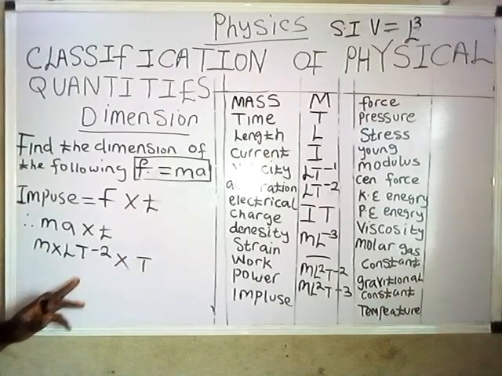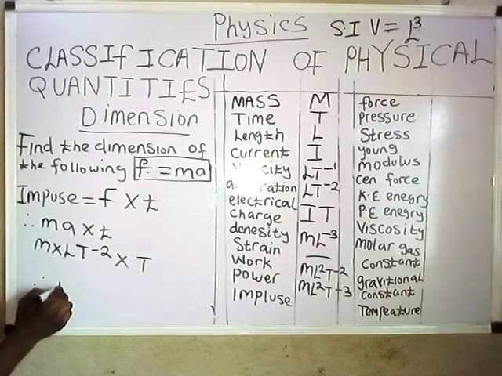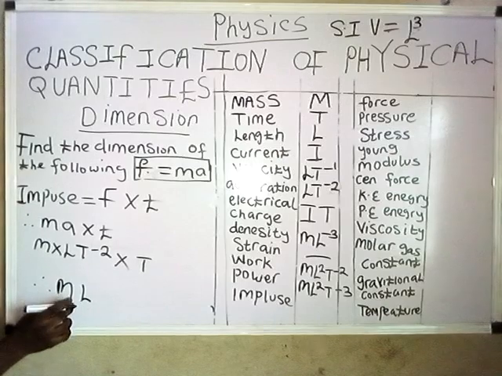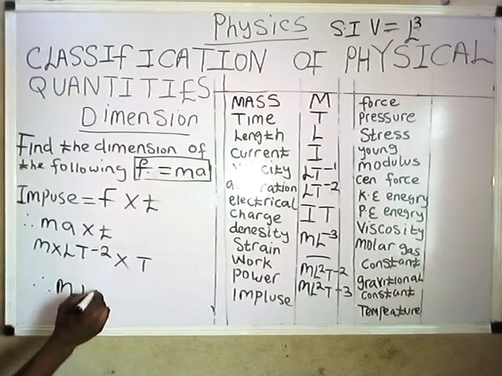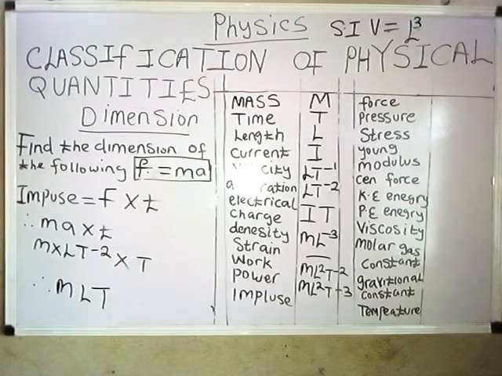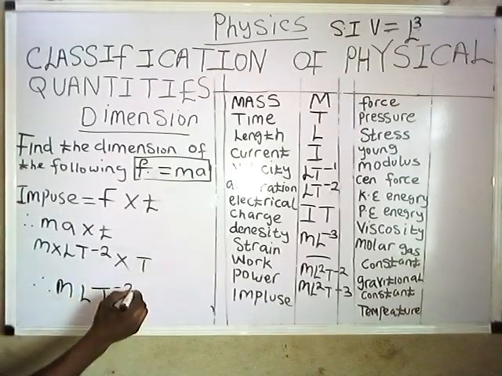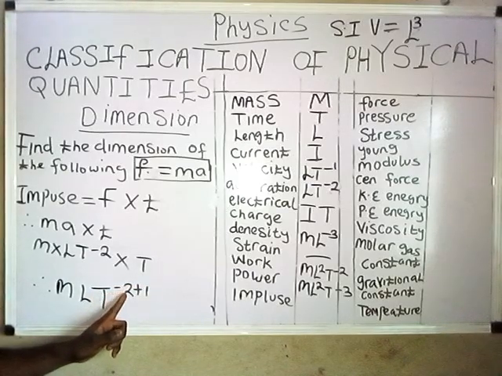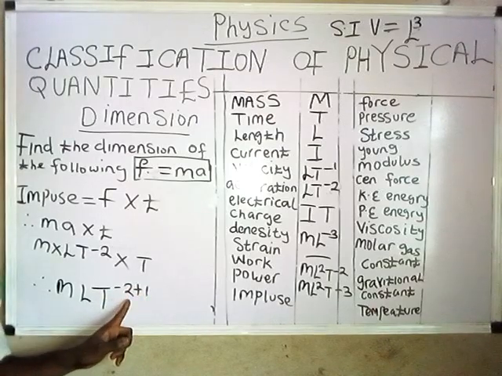To solve this further, bring your M L. There is T here, and the same base, so I use the laws of indices. It will be minus 2 plus an invisible 1 here, plus 1. Minus 2 plus 1 will give us minus 1.